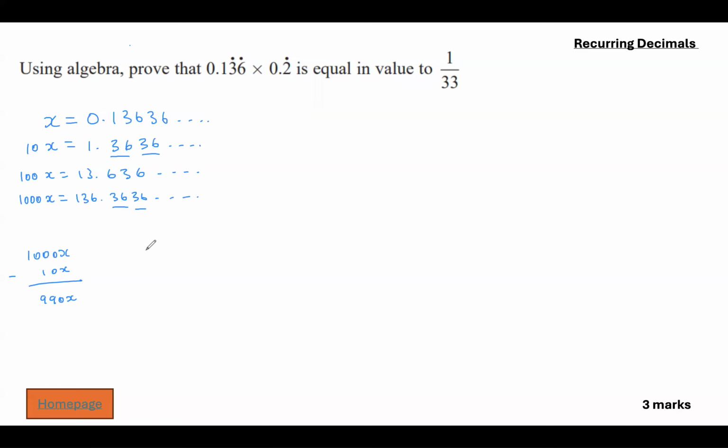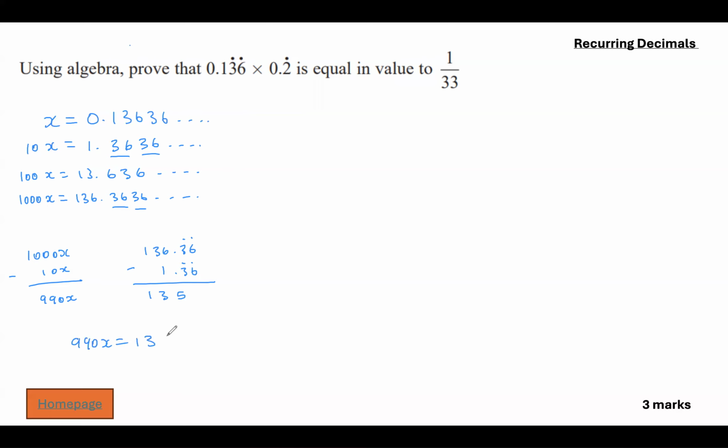And if I did 136.36 recurrent minus 1.36 recurrent, that's going to leave me with 135.